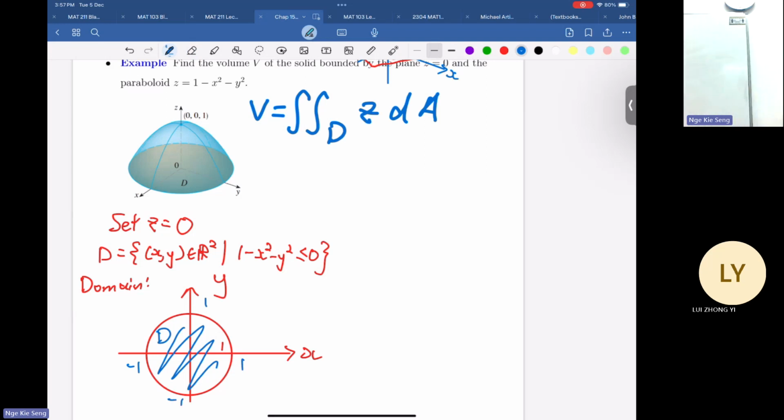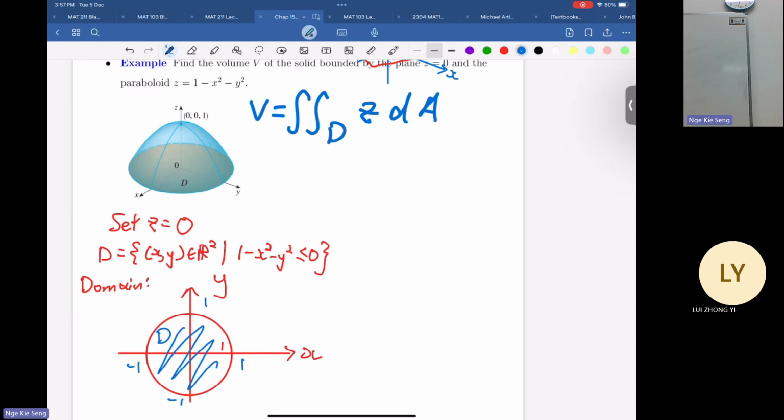You could do dx dy. Fix your x and then calculate what y is, or fix your y and calculate what your x is. But if you do that, this is a circle, right?